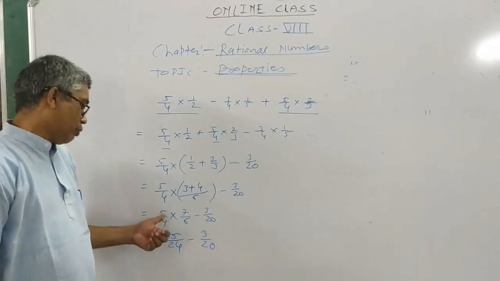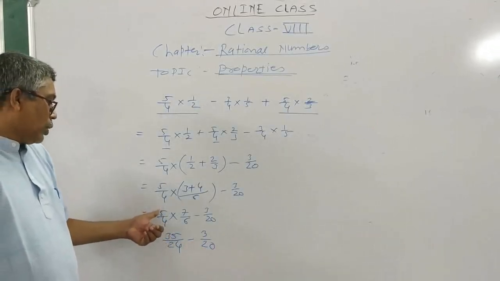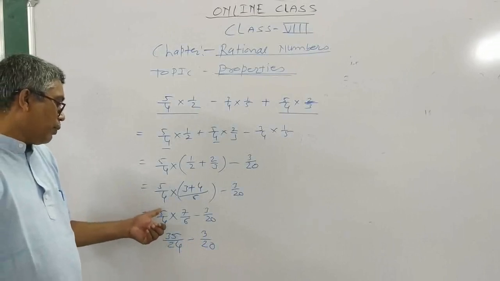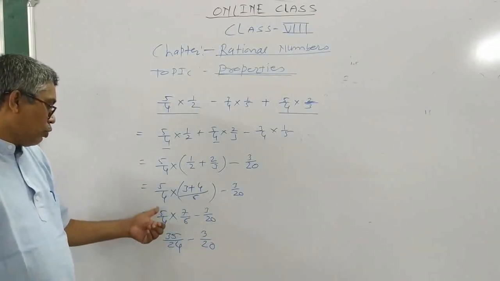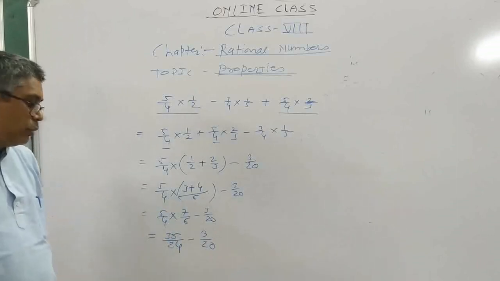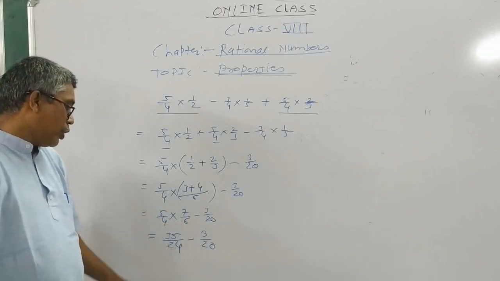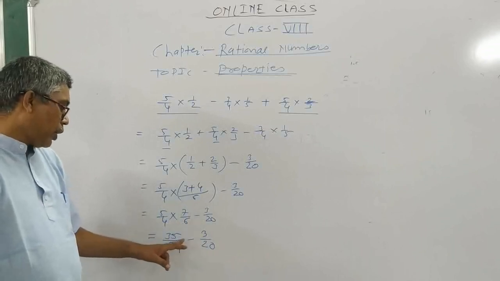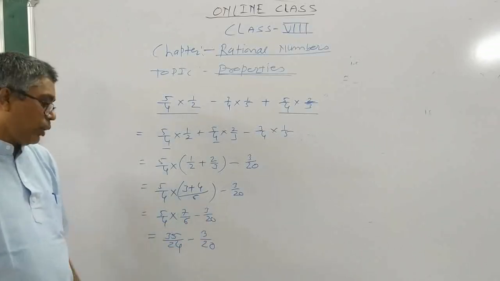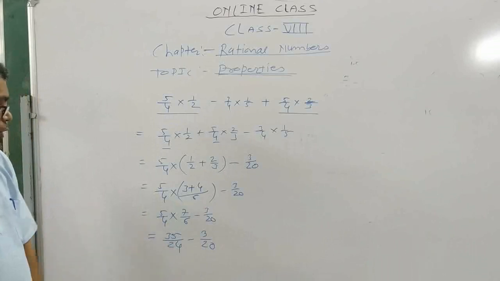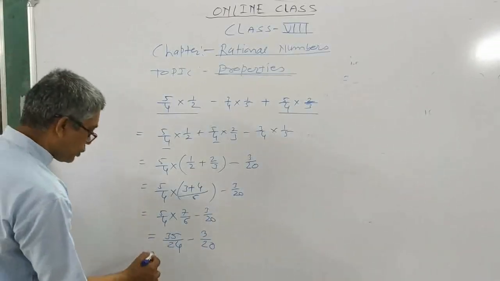So see students, here we have to multiply numerator to numerator. So 5 7 is 35 and denominator to denominator. So 4 6 is 24 and we have to subtract from this 3 by 20. Again here see denominators are different. So we have to make the denominator same by taking LCM, or you have to use this cross multiplication.